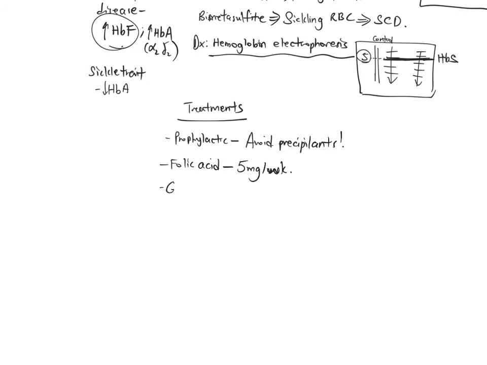Also important is for patients to maintain good nutrition and health, and to educate patients about sickle cell anemia and its associated precipitants. It's also important to manage crises by giving analgesia, especially for pain, and also give them hydration through oral fluids as well as IV saline if necessary.